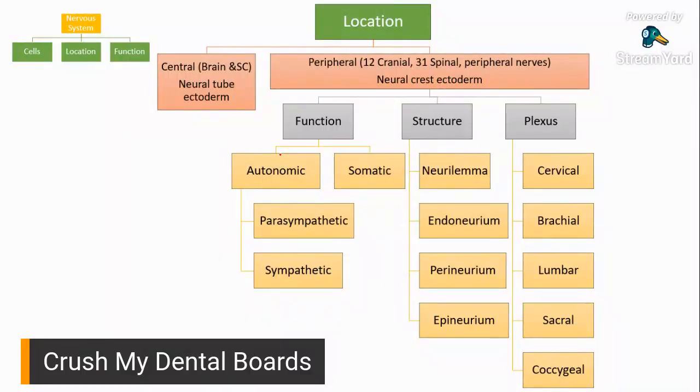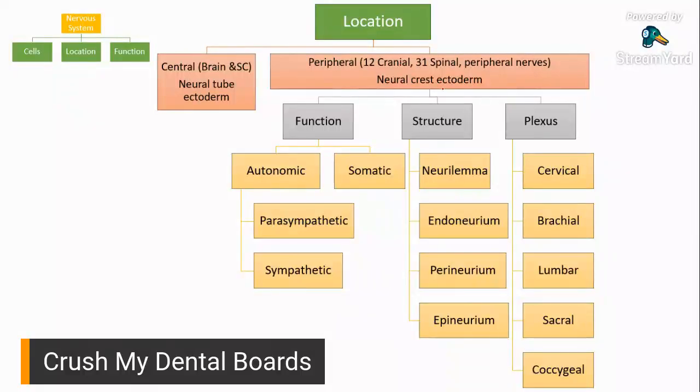So the peripheral nervous system, based on function, can be autonomic and somatic. We said autonomic is for involuntary actions, somatic for voluntary movements and reflexes. Now, autonomic can be divided further into your parasympathetic nervous system and your sympathetic nervous system.